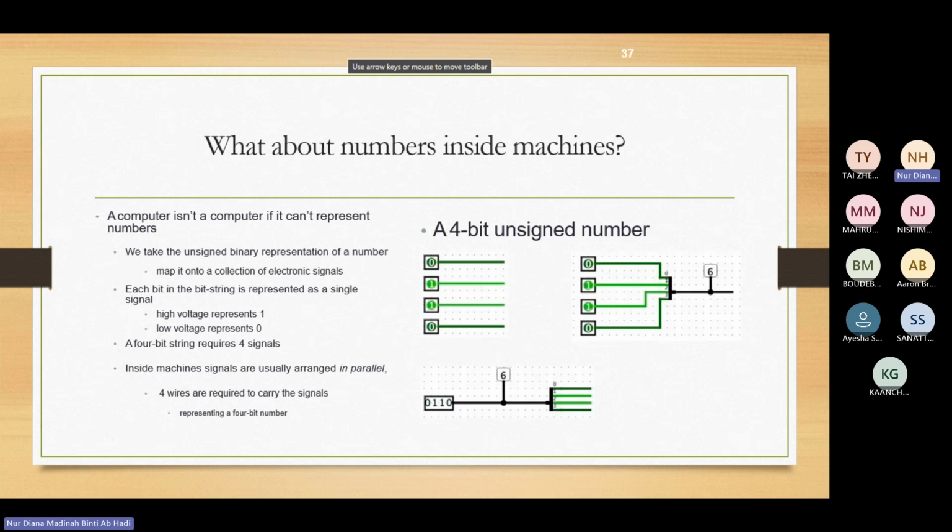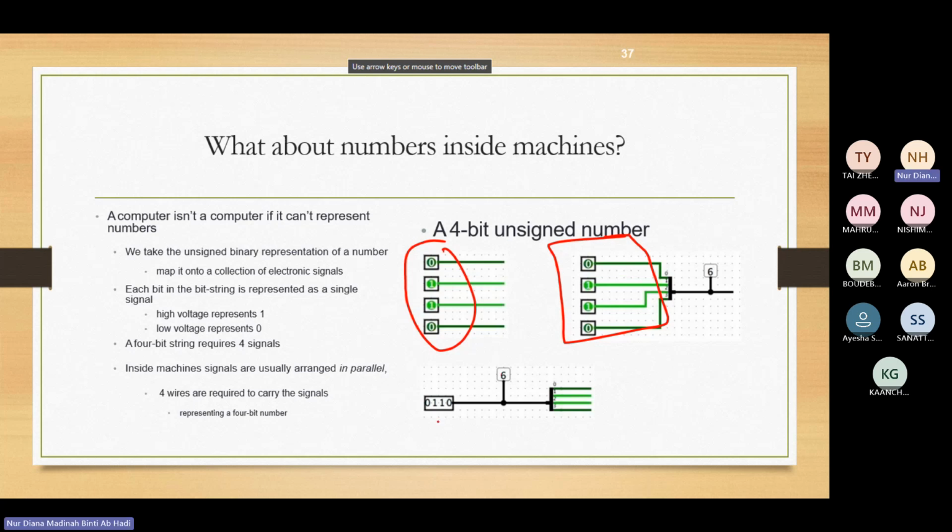A 4-bit string requires 4 signals, like 0, 1, 1, 0. Inside the machines, usually the signals are arranged in parallel. So this is known as parallel. 4 wires are required to carry your signal to represent 4-bit numbers. Okay?